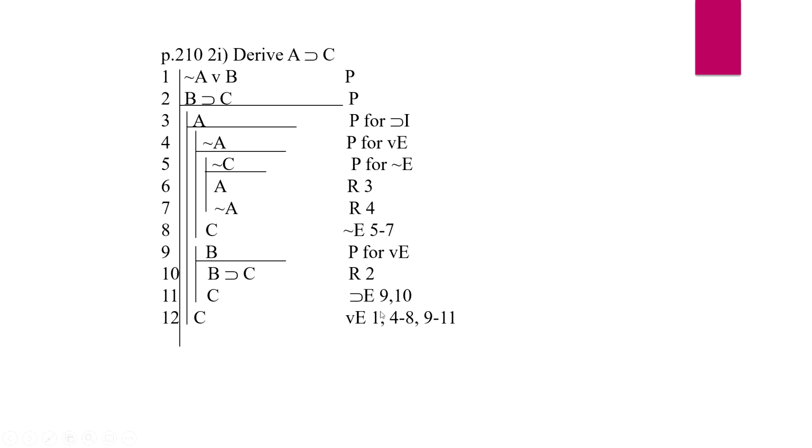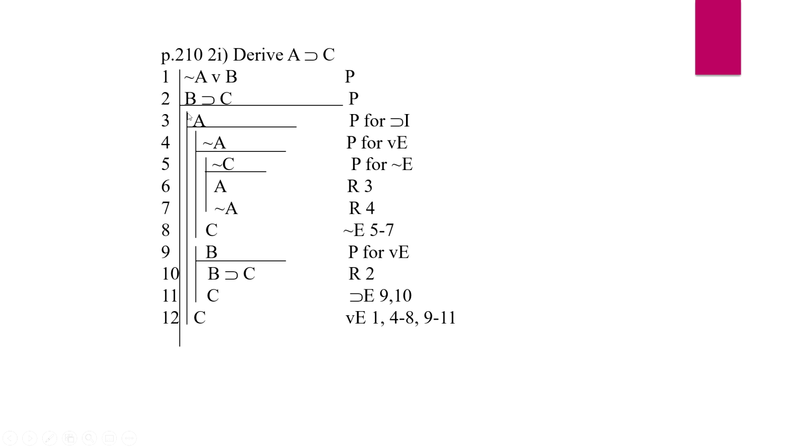You have to cite the original disjunction, which is line 1. You have to cite where you proved the sentence you're taking out, the sentence you're discharging from the first disjunct, which in our case is 4 through 8, and then where you independently assume the second disjunct and prove that same sentence, which is lines 9 through 11.